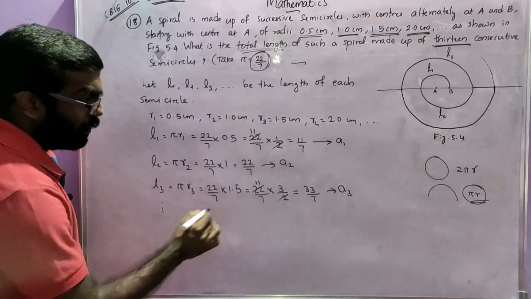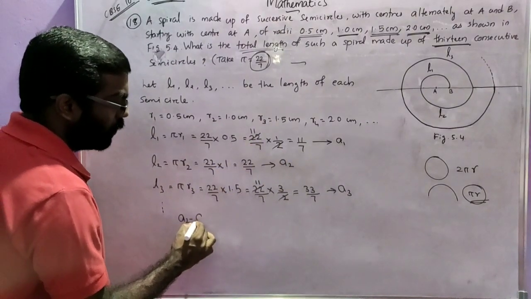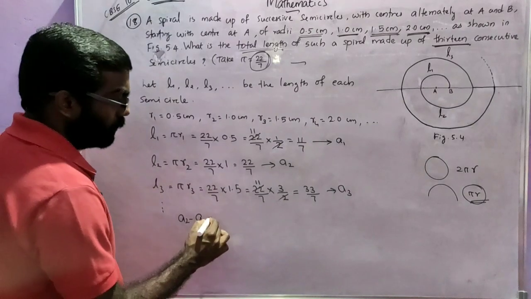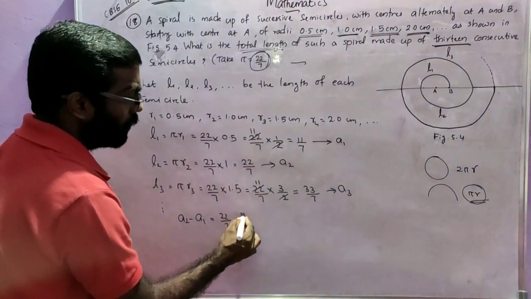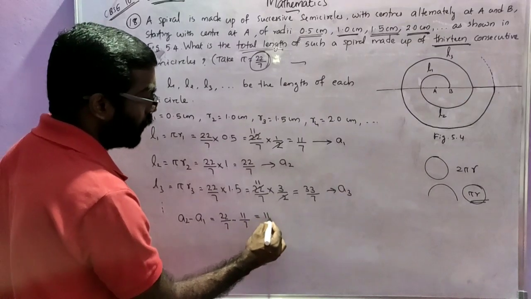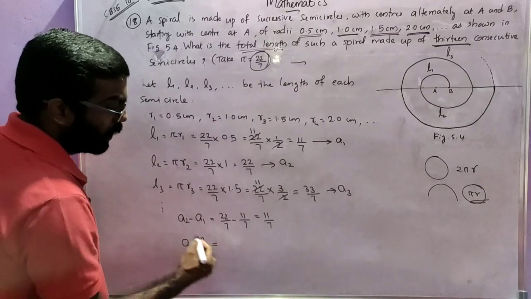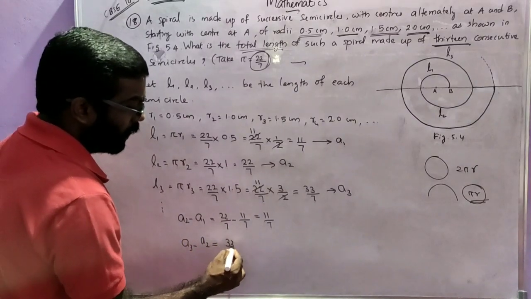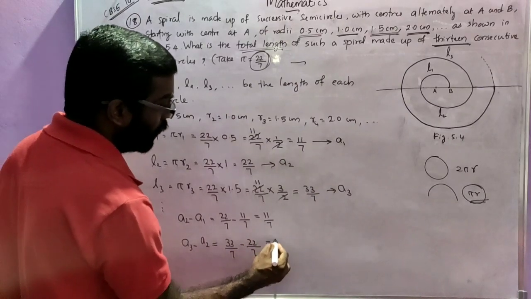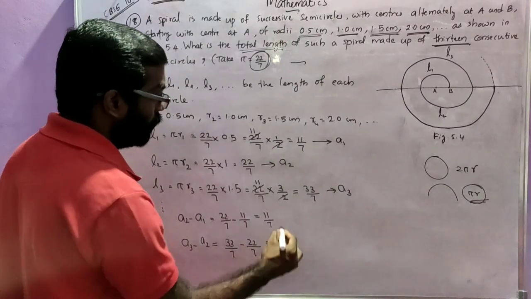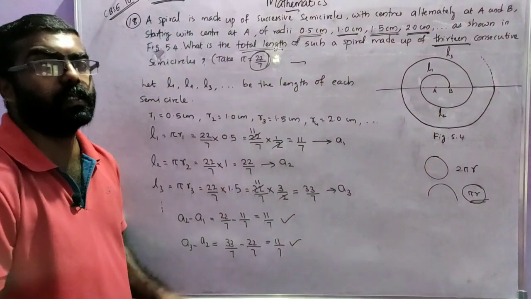And so on. Now we can find the difference between the consecutive terms, that is A2 minus A1. Here A2 is 22 by 7 and A1 is 11 by 7, so it is 11 by 7. And A3 minus A2 is equal to 33 by 7 minus 22 by 7, again it is 11 by 7. That means the difference between consecutive terms is the same.